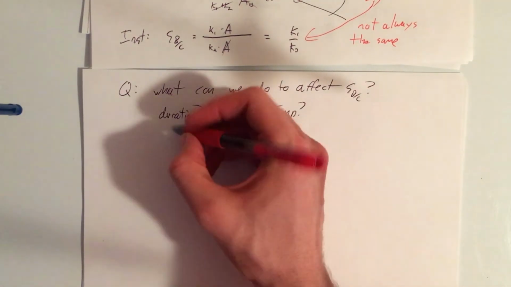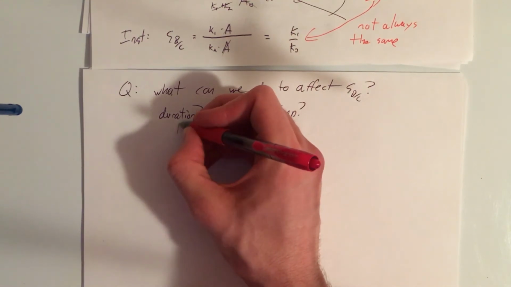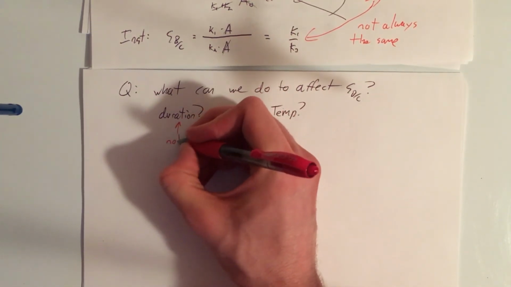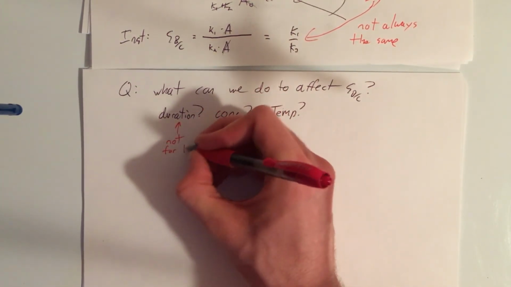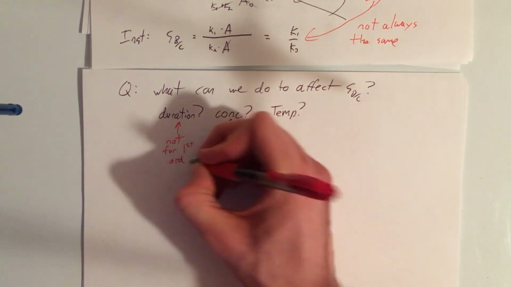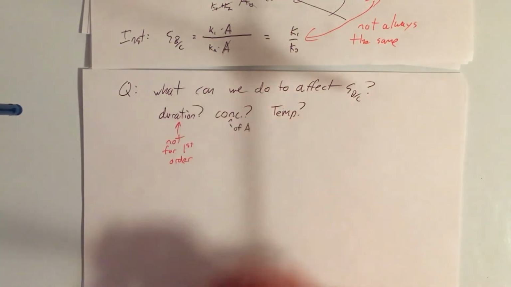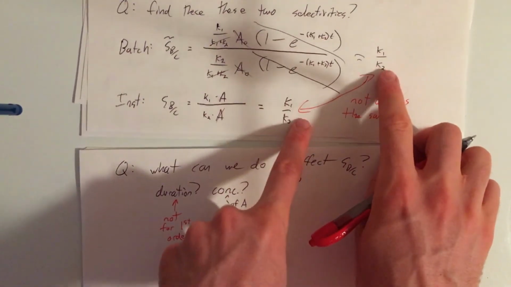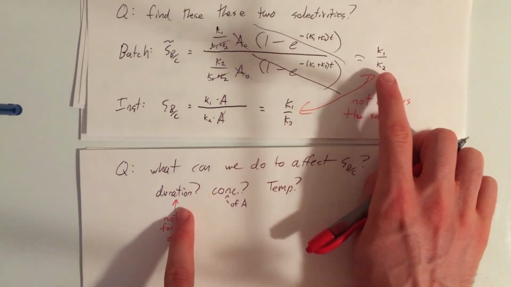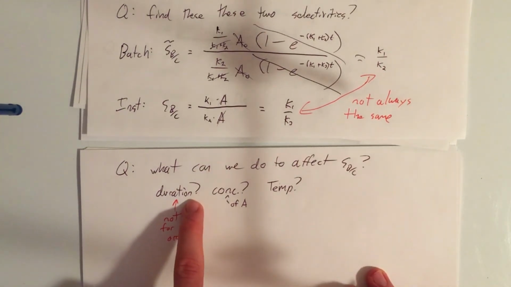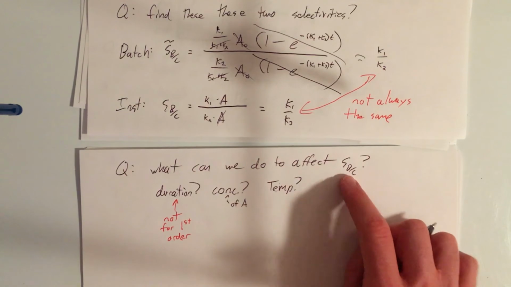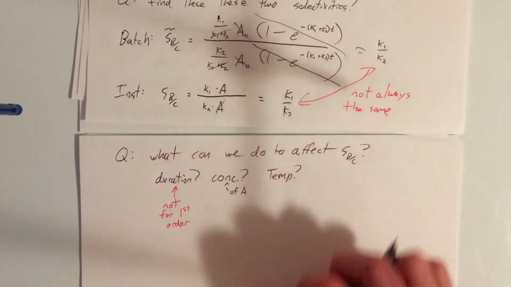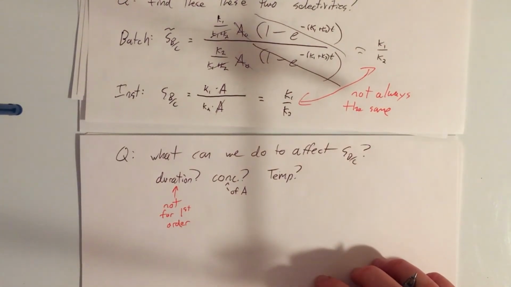Well, duration might work for other reactions, but not for first order reactions, right? We just determined that the selectivities are independent of time. So whether we let this reaction go for 1 millisecond or 1 hour or whatever, that's not going to affect the selectivity at all because our selectivities were independent of time.